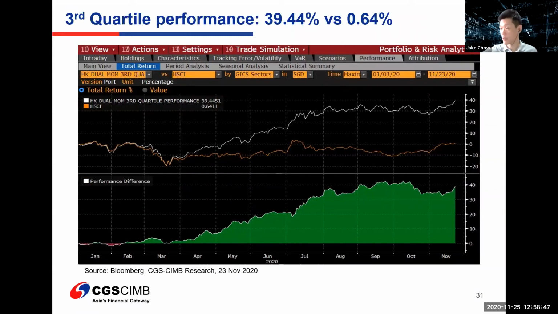Okay, bearing in mind the 0.6 difference from the previous HSCI figure could be a mark to market calculation, right? So all these are not that critical, right? So essentially, you are trying to find outperformance against the benchmark.